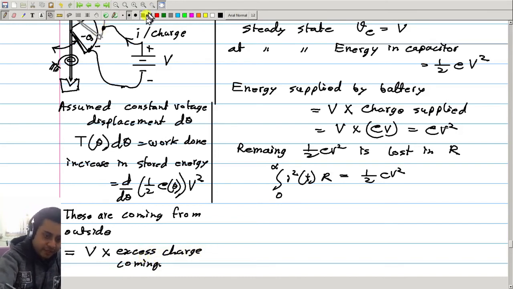So we are talking from the viewpoint of these two terminals only.